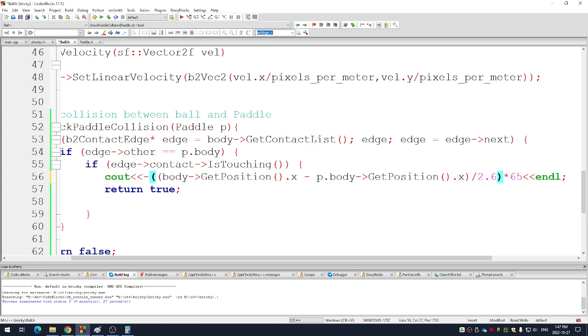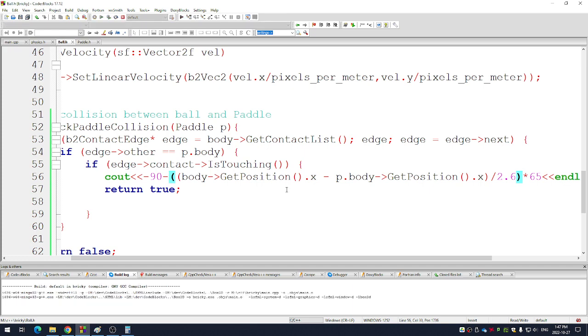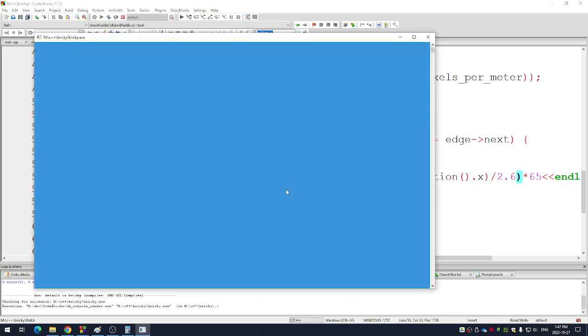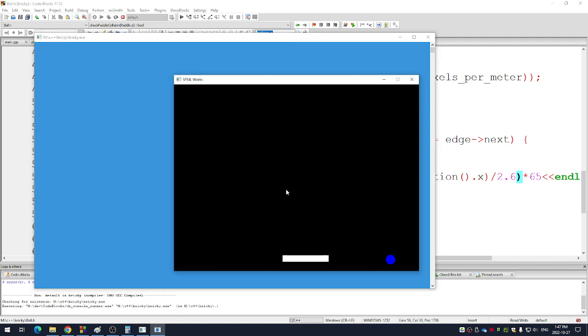So why don't I just go minus 90 minus that. Hopefully, that should give me a number between minus 155 in the very left and minus 25 in the very right. Maybe? Let's look. Minus 25? Ugh, I got it the wrong way. Okay, that's good. I just have them opposite.